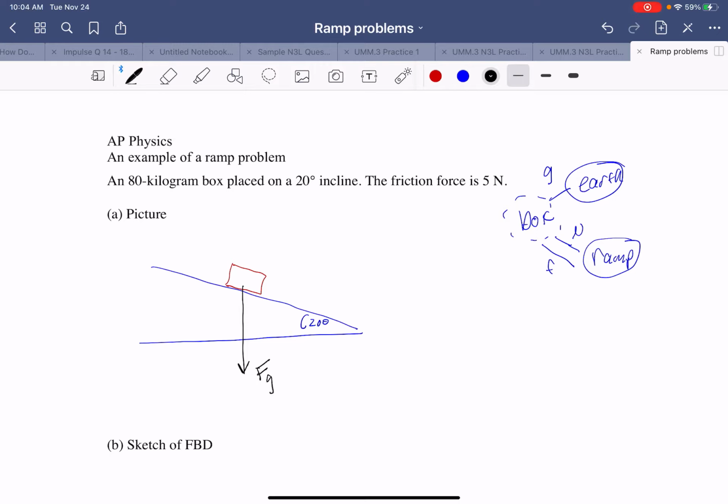I know my normal force is always perpendicular to my surface. That's why it's kind of at an angle there. And I know my friction force is along the surface.